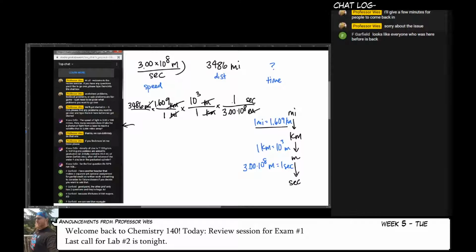I put a negative in my answer for some reason. There we go. So I got 0.018696. So we'll say 0.0187 seconds. So your ping to this server, 3,486 miles away, straight up, would be 18.7 milliseconds, which is pretty good.